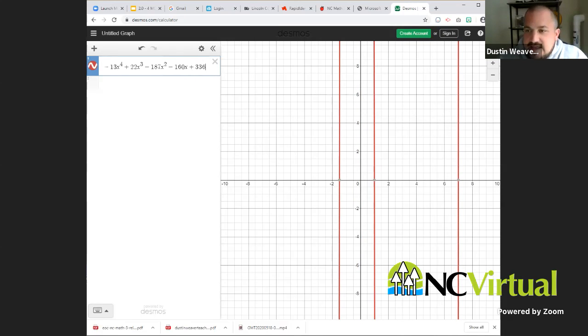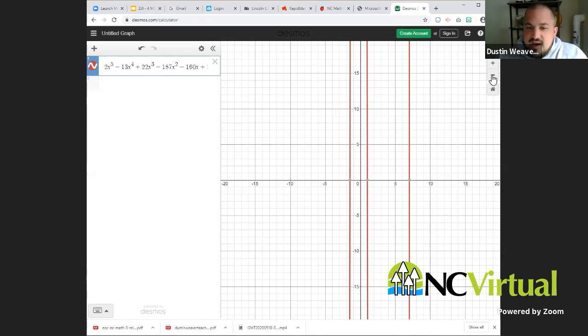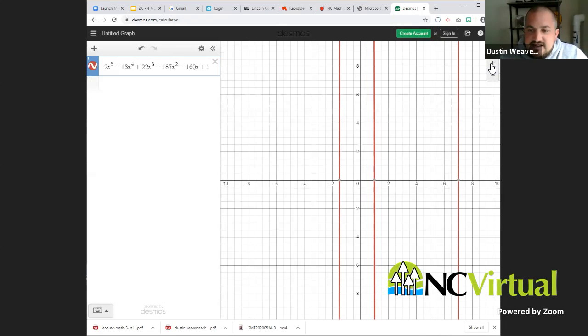Okay, so even if I zoom out, I can easily see in Desmos that it crosses the x-axis at 7, it crosses the x-axis at 1, and it crosses the x-axis at -1.5. So how many real zeros would I say that this equation has?